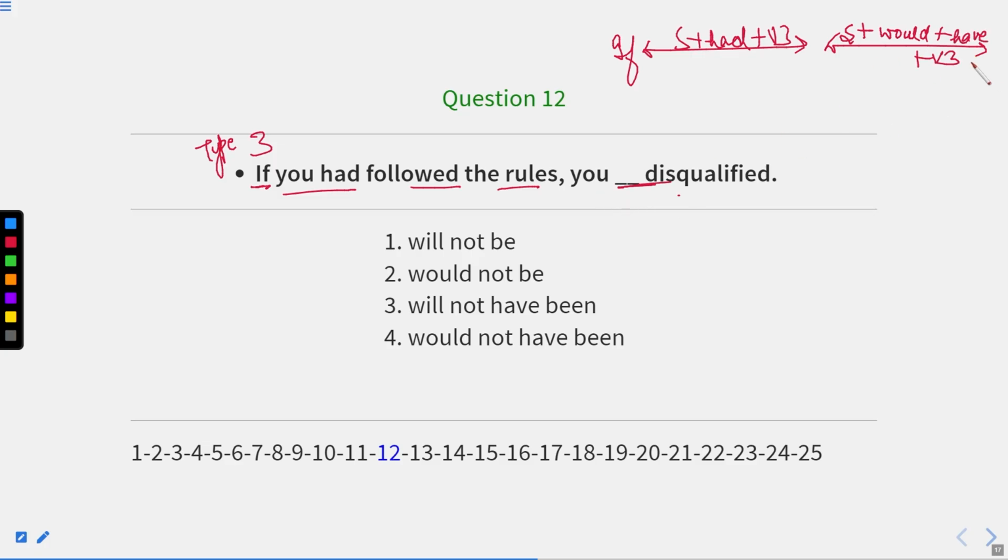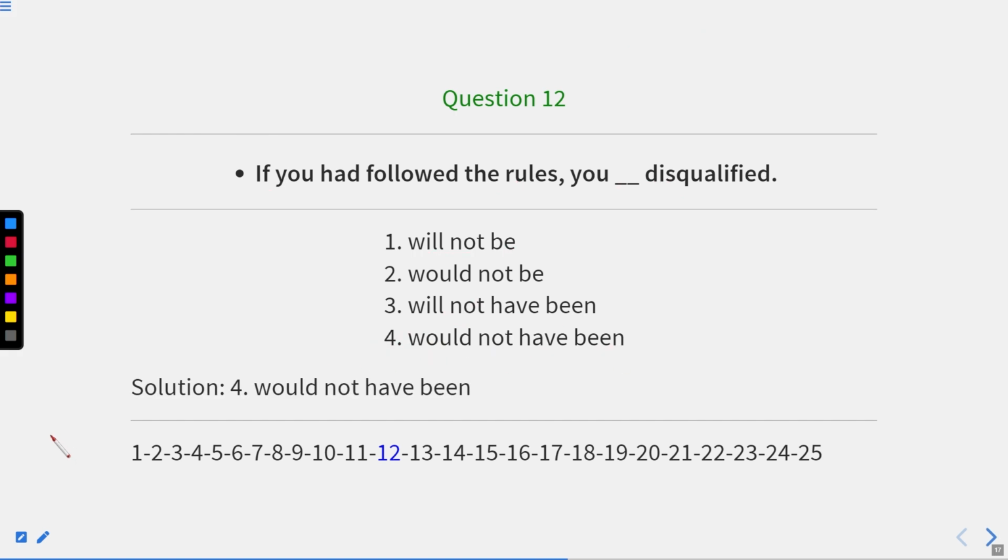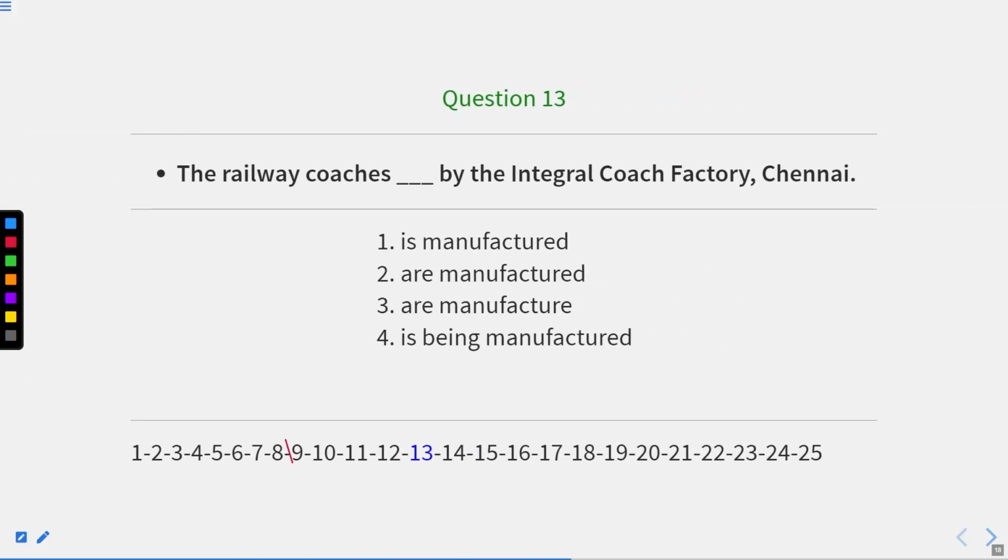So you would have. So will not be, you will not have been, you would not have been. So you would not have been disqualified. So our answer will be fourth because we need it in passive voice. So according to the options, fourth will be the correct answer.